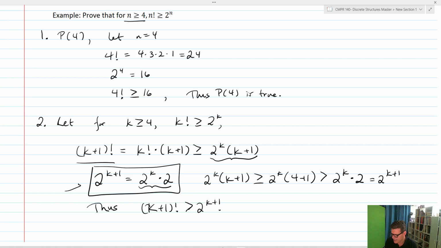So this is just how I'm thinking through things. Our proof just starts out with k plus 1 factorial. I take k factorial, separate out my k plus 1, and put in my assumption, making the statement that it's greater than or equal to when I replace k factorial with the assumption.